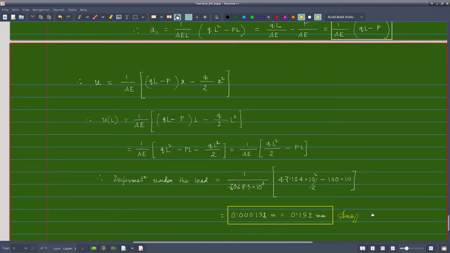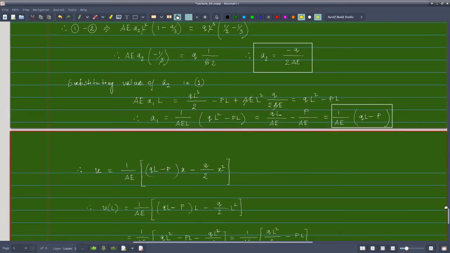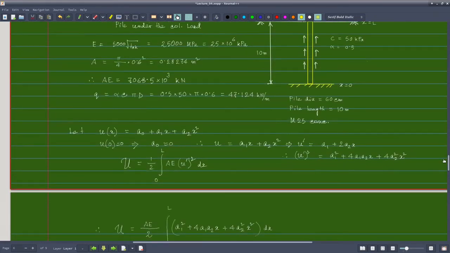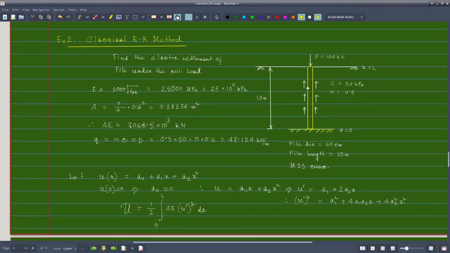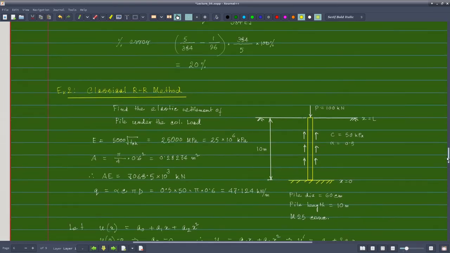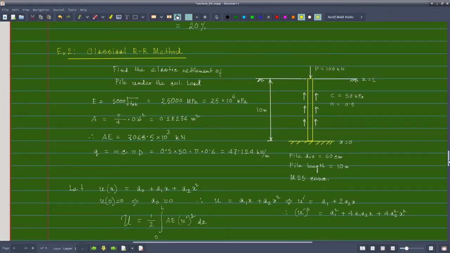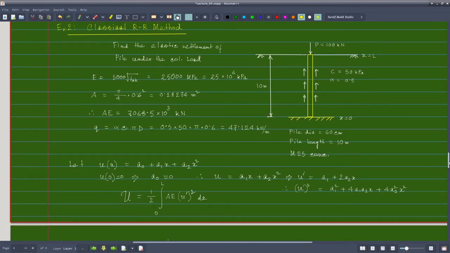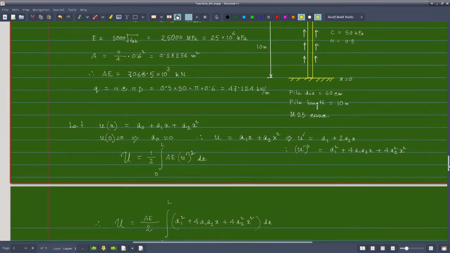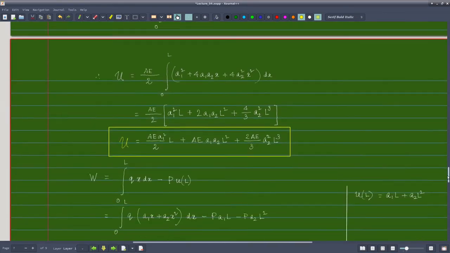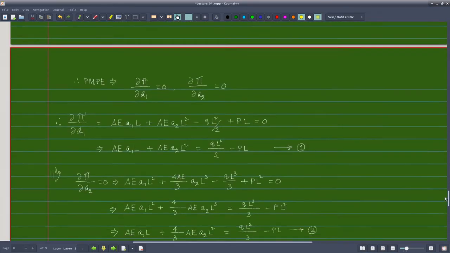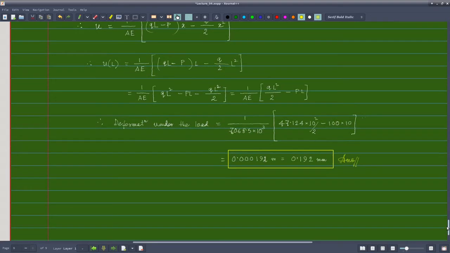So this gives me the elastic deformation of the pile under the load when it is acted upon also by this adhesive resistance of the soil, a constant adhesive resistance. Okay, so this is how we can use the RR method to solve simple engineering problems. Of course this is an approximate solution, so there will be some error in the actual value of the deformation.